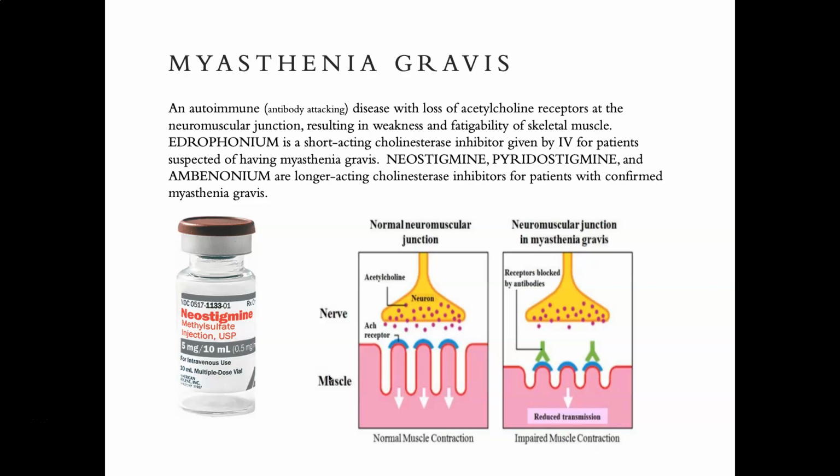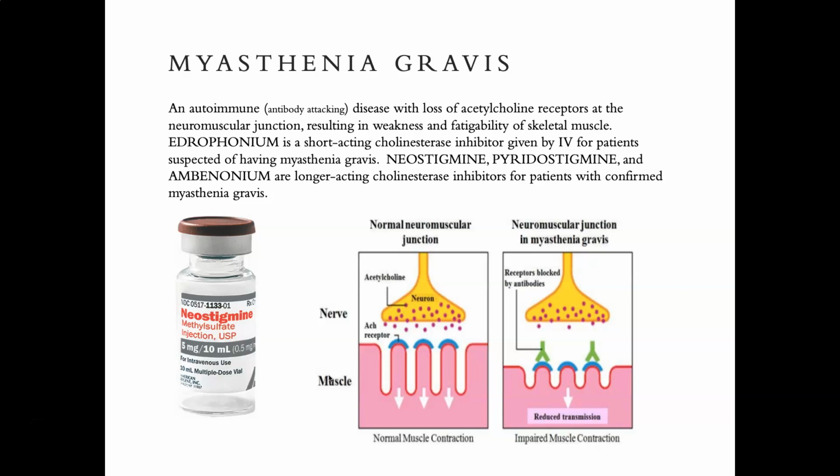Edrophonium is a short-acting cholinesterase inhibitor that's given by IV for patients that are suspected of having myasthenia gravis. Neostigmine, pyridostigmine, and ambenonium are longer-acting cholinesterase inhibitors for patients with confirmed myasthenia gravis.